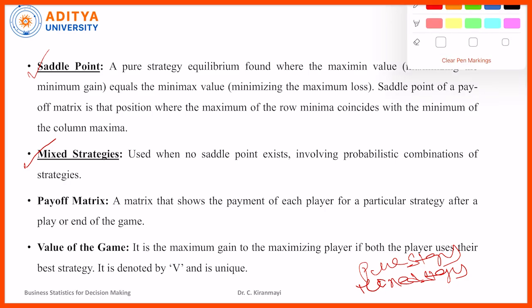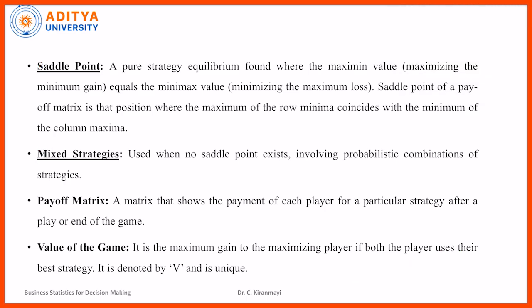A player is said to be using pure strategy if we can determine exactly which strategy the player is going to use, that is, if the strategy is deterministic in nature and does not involve a probabilistic condition.